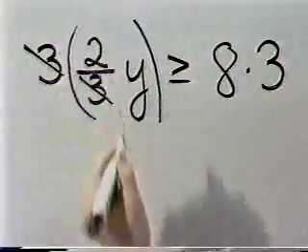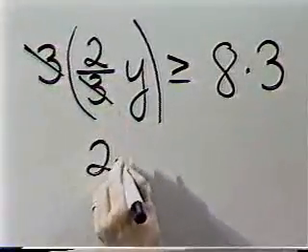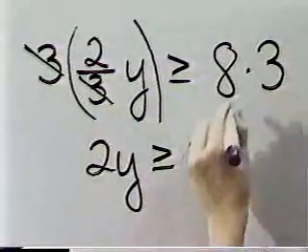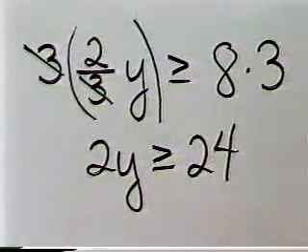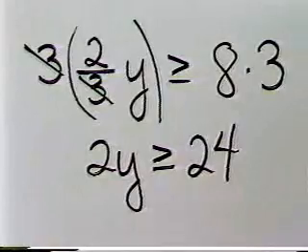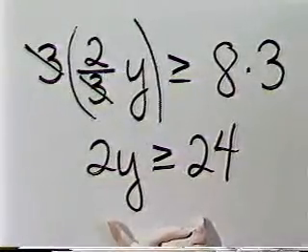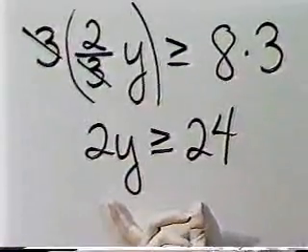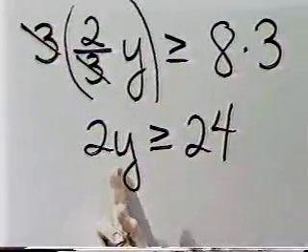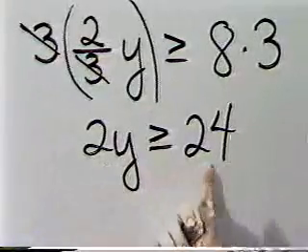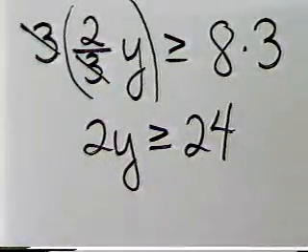If I simplify the left-hand side, it reduces to 2y is greater than or equal to 8 times 3, or 24. Next, remove parentheses. I don't have any. Move variable terms to one side and constants to the other side. I already have my variable terms on the left-hand side. I have the constant 24 on the right-hand side.